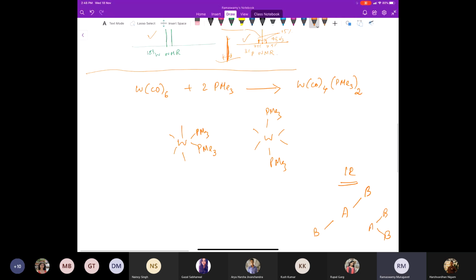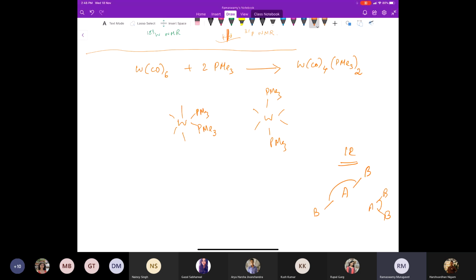The coupling constant for the trans ones is always larger than the coupling constant for the cis ones. So in this case, either the tungsten NMR alone or the phosphorus NMR alone might not be of much use. So you have to do both.